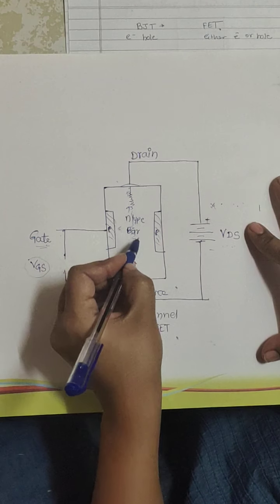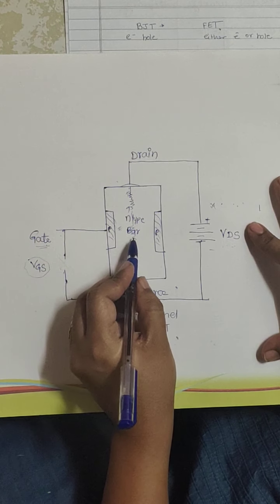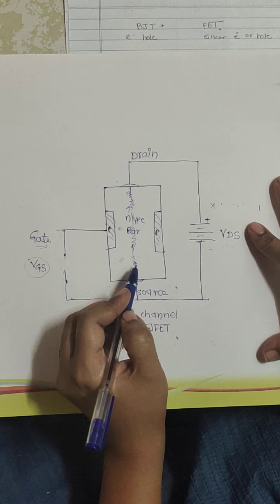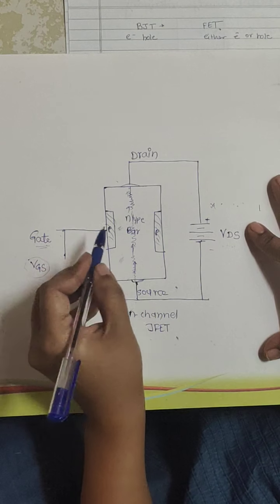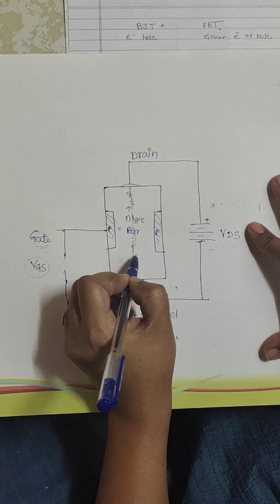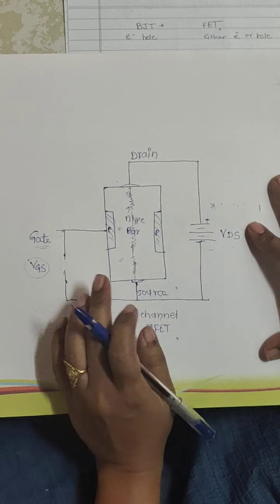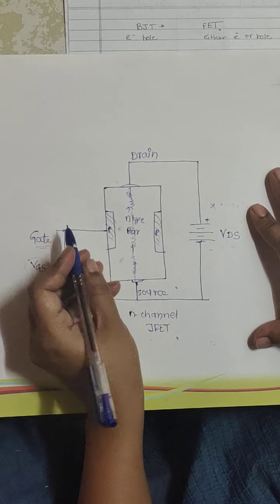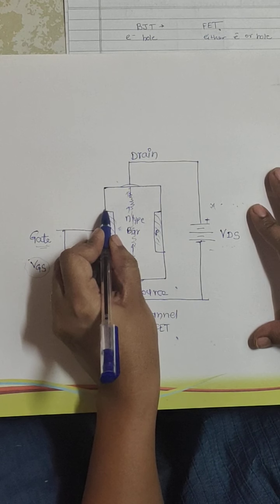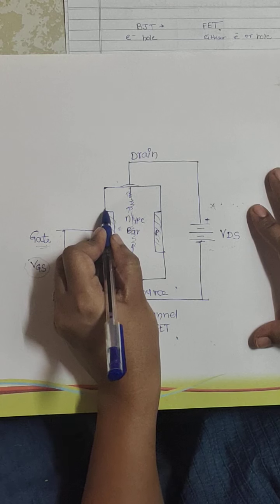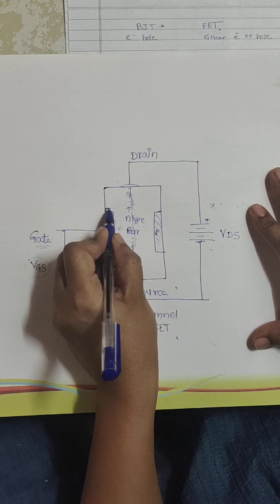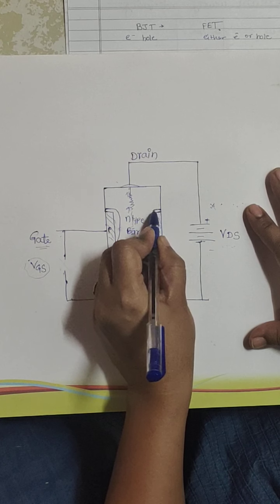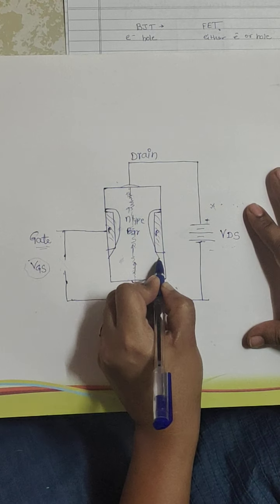Since this N region is connected to the positive terminal of the battery and the P region is not connected, the depletion region gets generated. The depletion region is formed across this P region and N region like this.